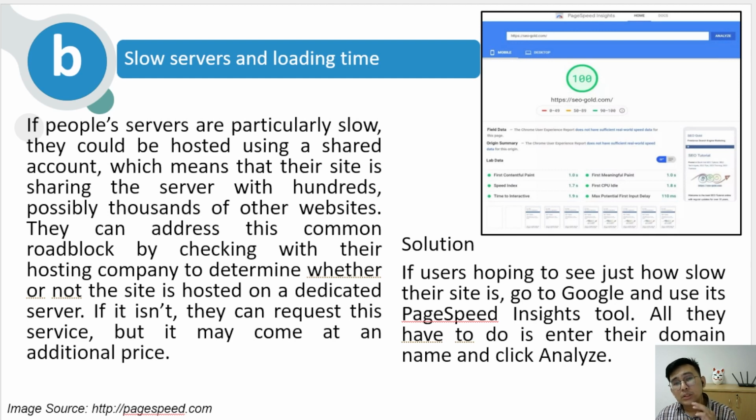Then it would sometimes make the website slow, but not only because of our server's maximum usage, but sometimes also because of the internet connection that usually comes from our user.